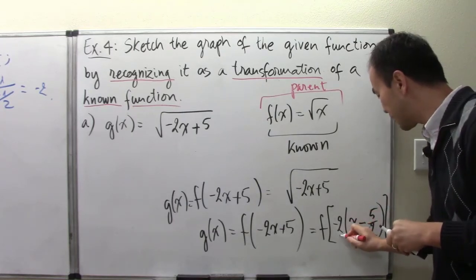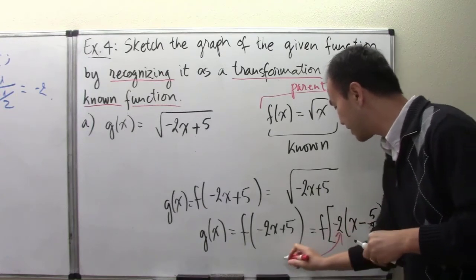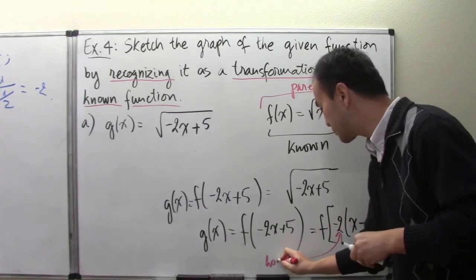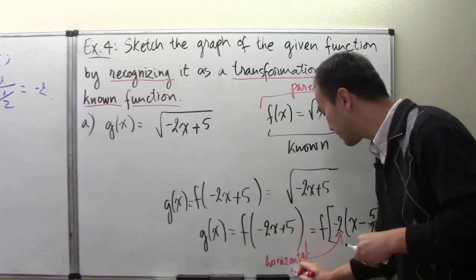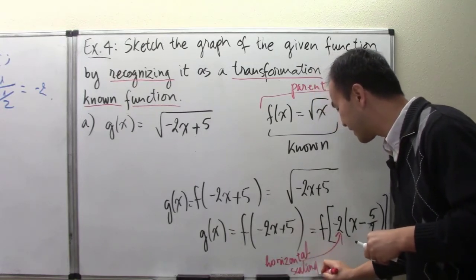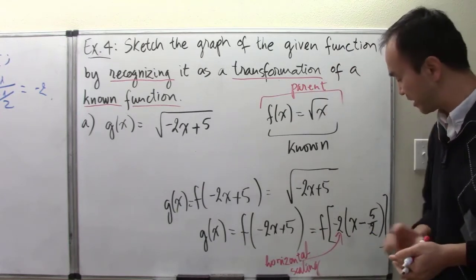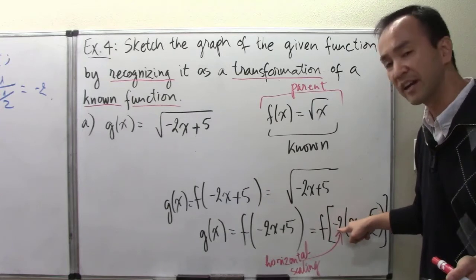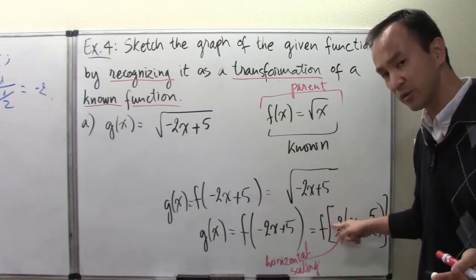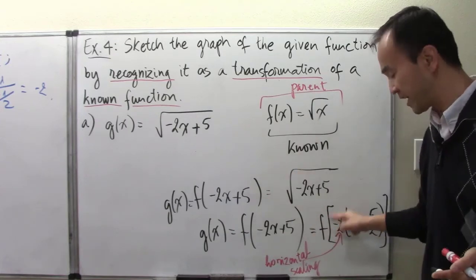And so now I know that this 2 right here is responsible for horizontal scaling. And this horizontal scaling may or may not flip, and in this case it has a negative sign, so it will be flipped due to that negative sign.